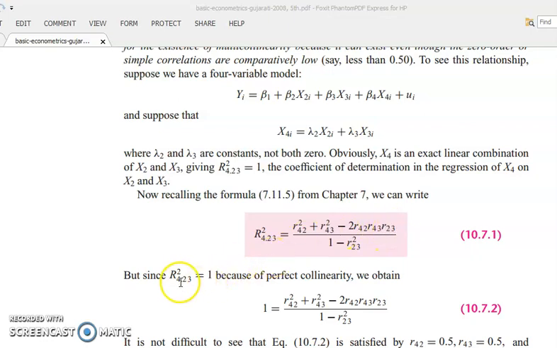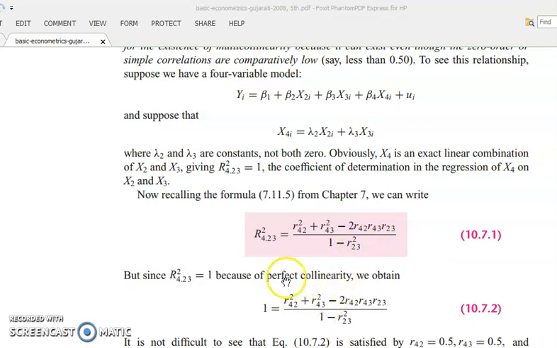So suppose that we have R squared 4 to 3 equal to 1, meaning that it's an exact linear combination. So the left side is going to be equal to 1, and the right side is still going to be equal to 1 if we have R42 equal to 0.5, R43 equal to 0.5, and also R23 equal to 0.5.